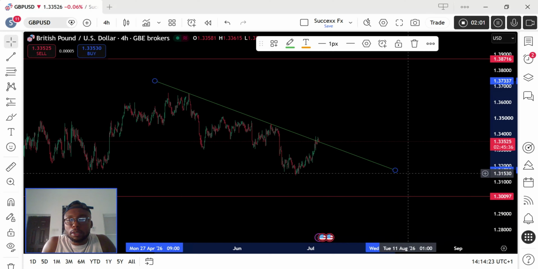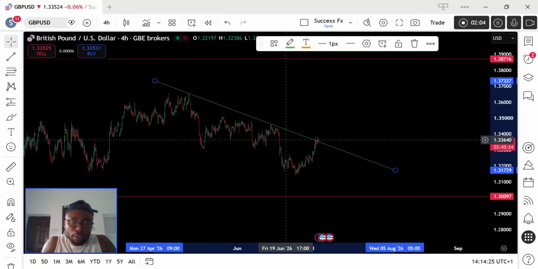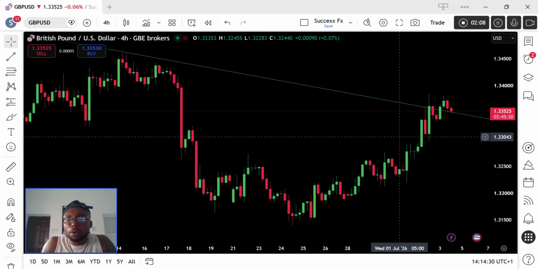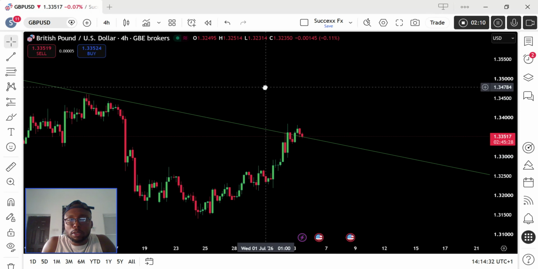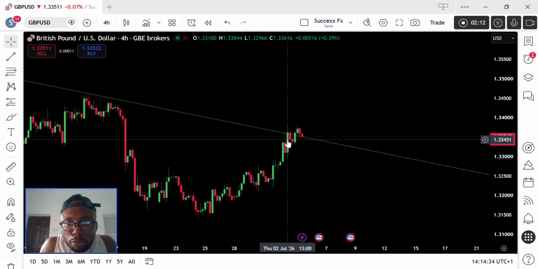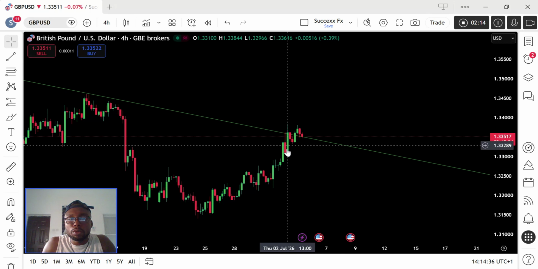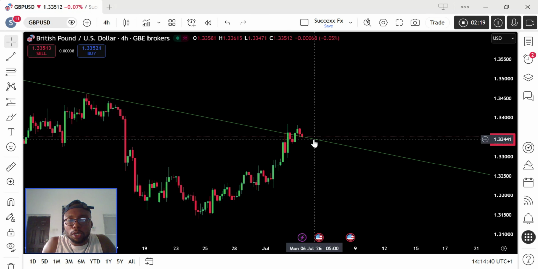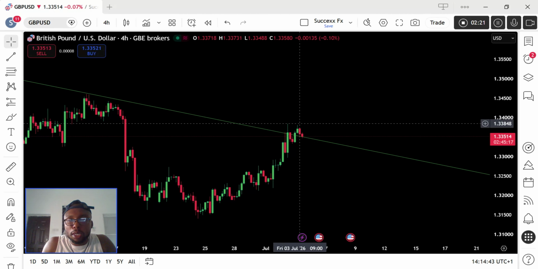So yes, we had this counter trend line, and we agreed on our analysis yesterday. We said if this bullish candle closed above this counter trend line, we're going to start to anticipate a buy.